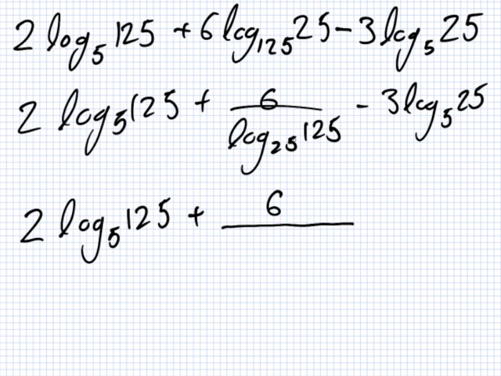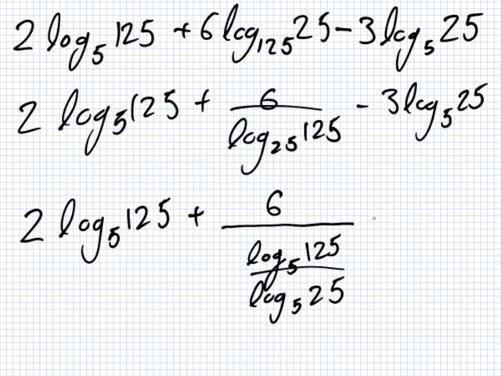We'll try and group everything together. Actually, then this is a complete waste of time swapping this. Doesn't matter. Log 5 of 125, and then here is log 5 of 25. That's rule number 5.